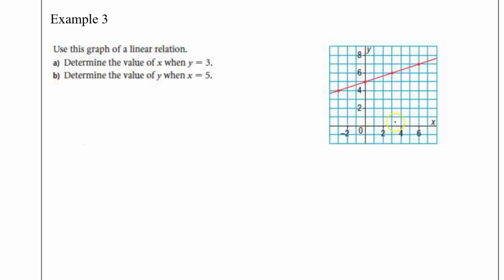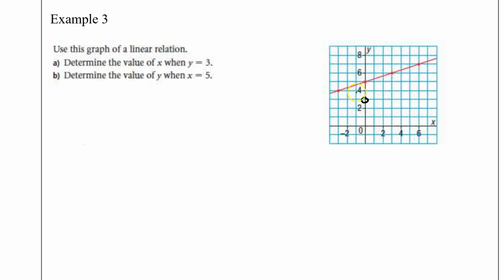When y equals 3, interesting. We notice here that it will be behind the graph. So I'm going to notice the slope. I know that I'm going to the left 3 for every 1 down, and that's true throughout. Left 3, 1 down. Left 3, 1 down. Left 3, 1 down.